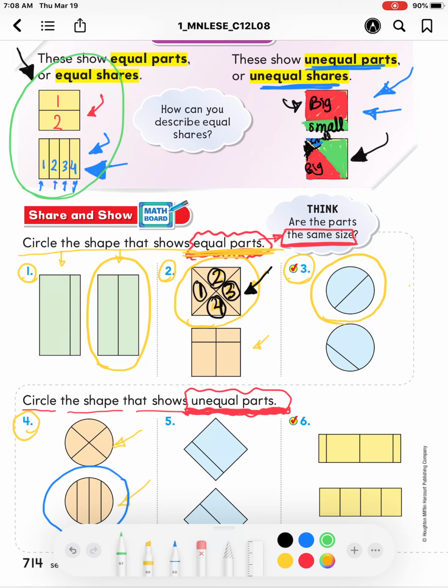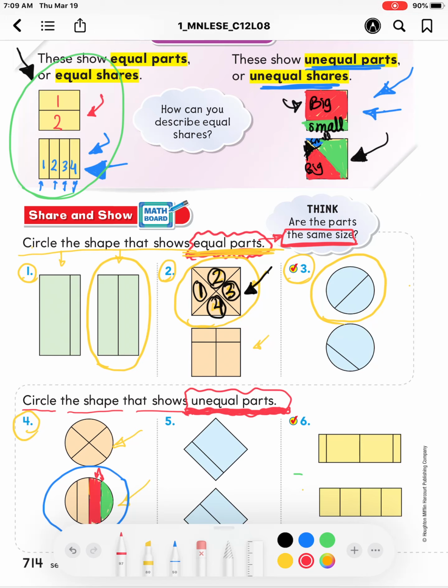Now let's color it. When we color, things appear more easily. Now we will compare this one with this one. Just make it red. Are those equal parts? Are those two parts equal?